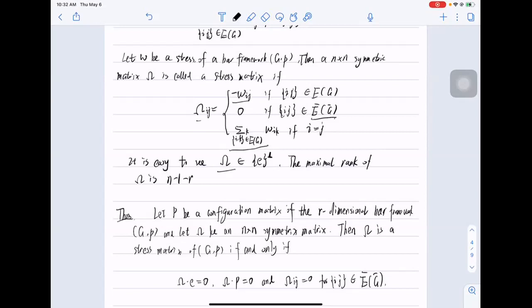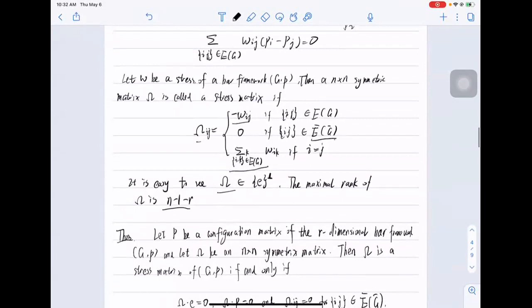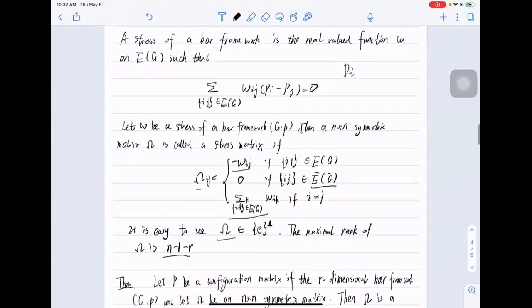So therefore, the maximum rank of omega, the stress matrix, is n minus 1 minus R. Because omega has to satisfy omega times P is 0, where P is the set of points such that each row of P is the coordinates of a point.